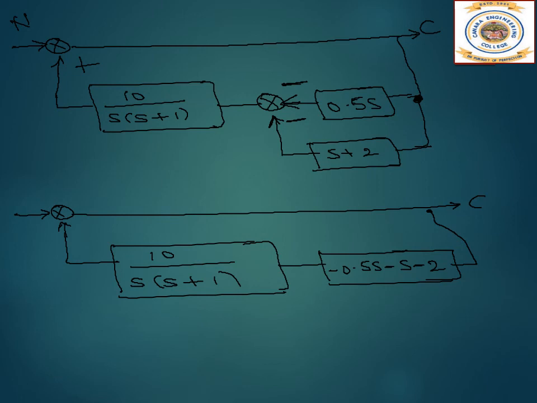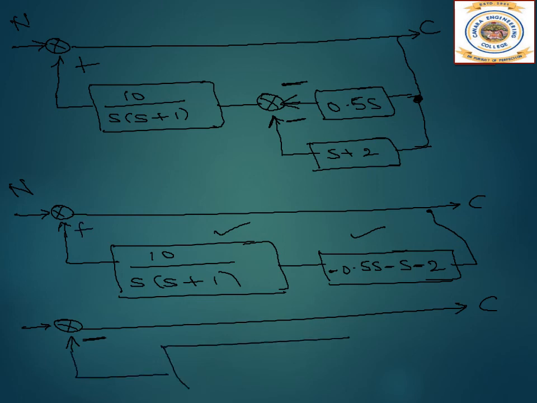So again redrawing, now I can combine these two because they are in series. So this is N. So combining, the forward path has again only 1. I can take this negative outside. See here, let me take it out and put it over here, minus. It is plus here, so I'll take it out, then it will become plus over there. Negative sign will remain. I can simply take it out and put it over there.